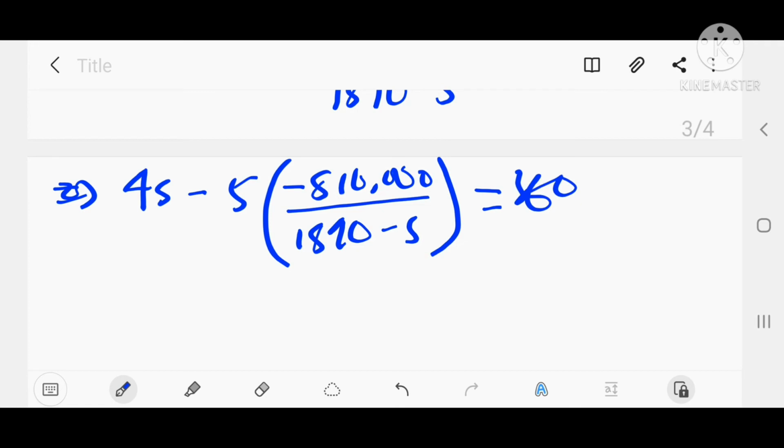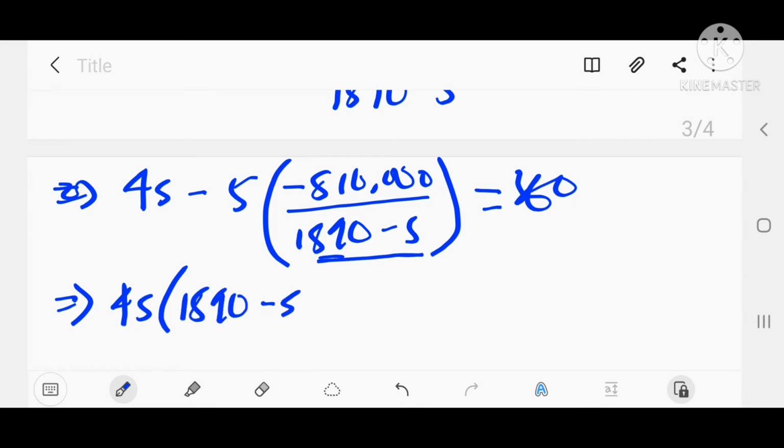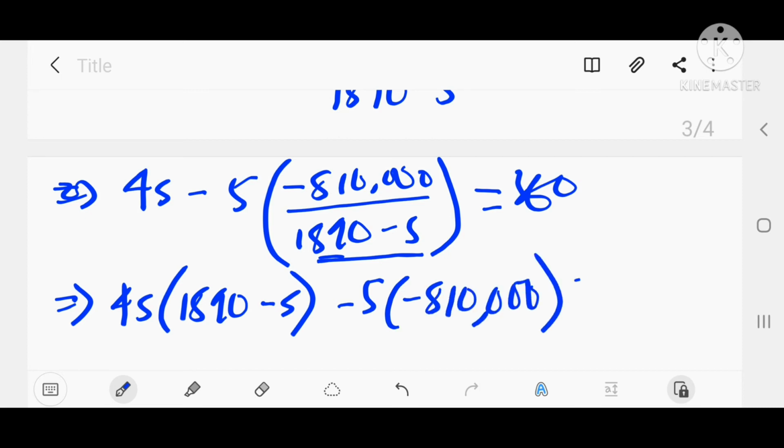Simplifying this, since this is in fraction, we multiply through by the denominator, so that will be 4s bracket open 1890 minus s, minus 5 bracket open minus 810,000, then equals 360 times 1890 minus s.